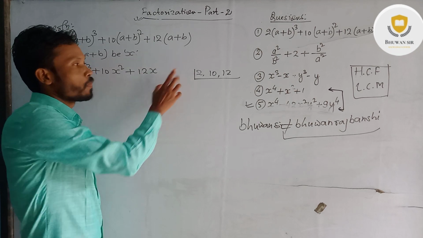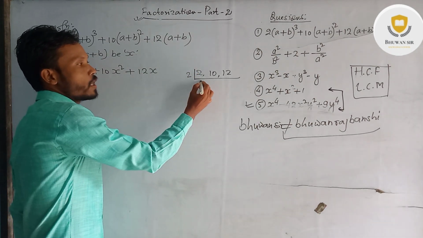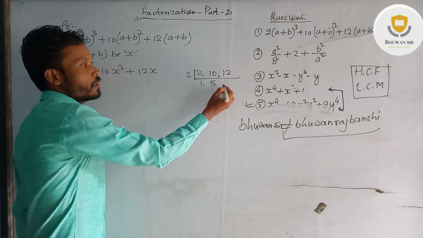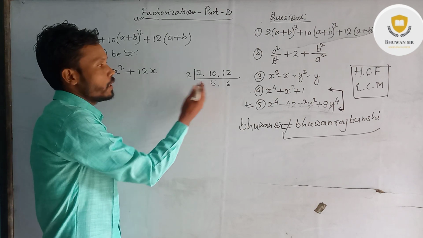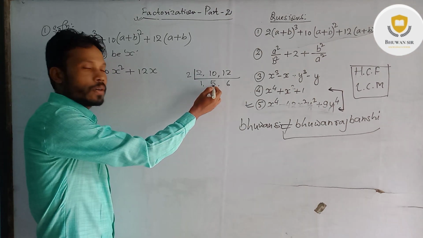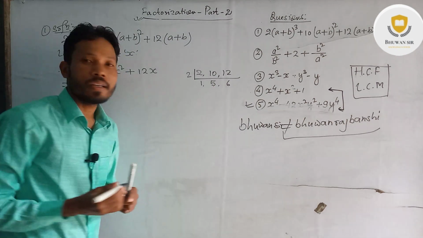See here, if I choose 2, 2 ones are 2, 2 fives are 10 and 2 sixes are 12. Now 5 can be divisible by 5 only and 6 can be divisible by 2 as well as by 3.